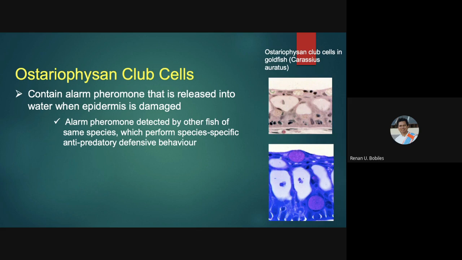Then, yung host cell, pag napuno ng virus, mararuptured siya. Now, pag na-ruptured siya, na-release niya ang substance, yung damaged host cell, na-release yung tinatawag na interferon. The interferon, madidetect yun ng mga healthy cells.